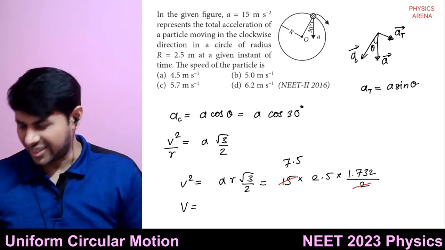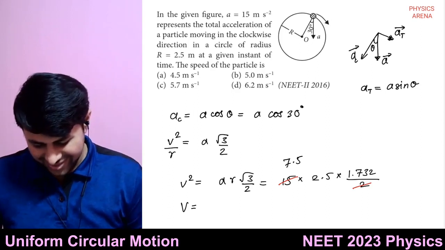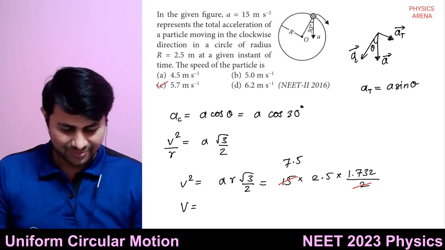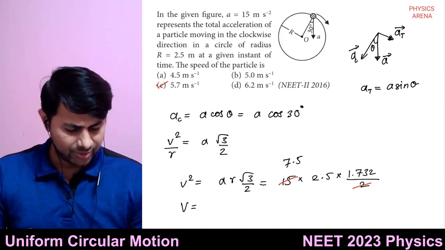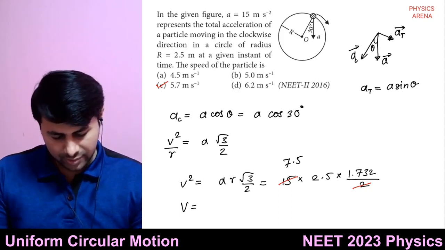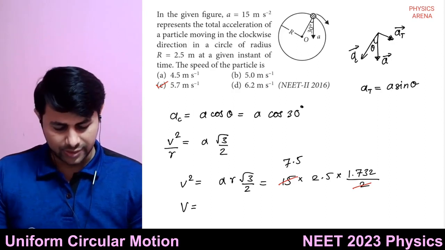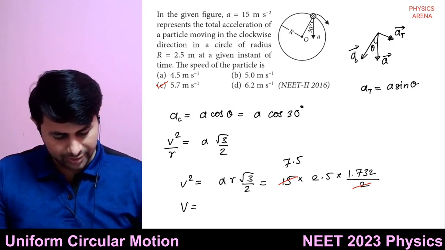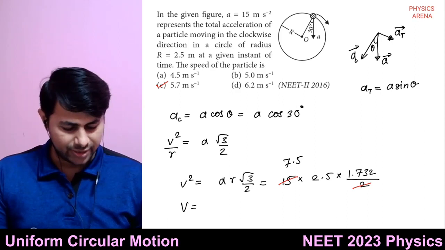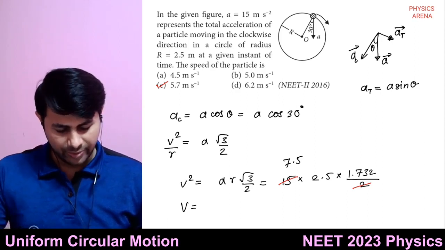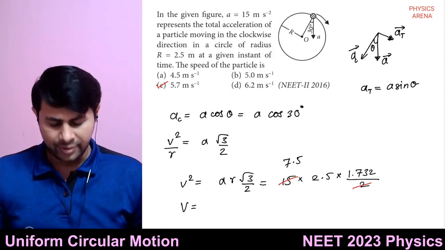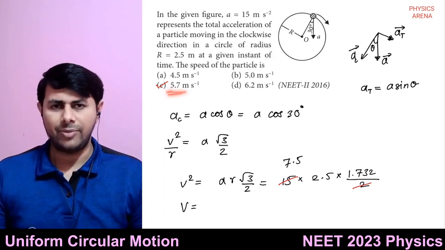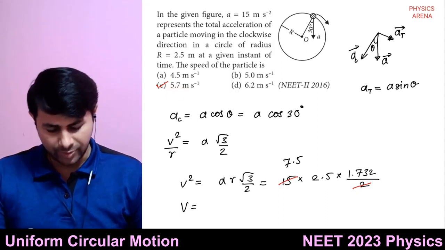So option C is the answer, about 5.7. I said about 32 for V square. Of course, this will be greater than 25 but less than 36, so we can get it that way. So 5.69 is the answer, about 5.7.